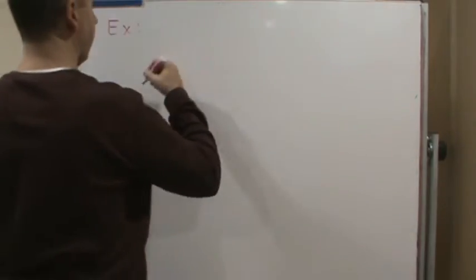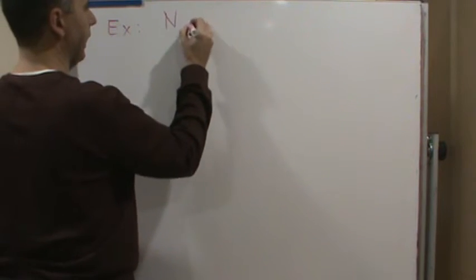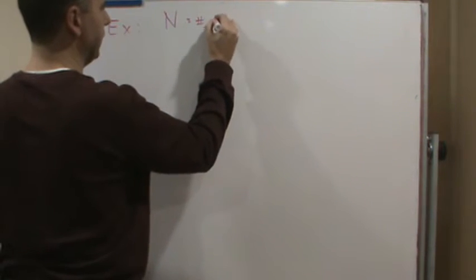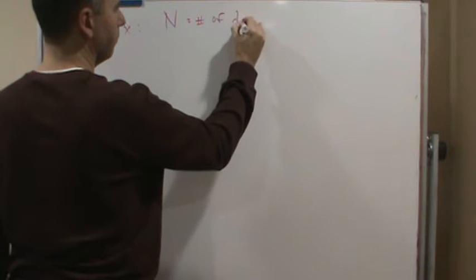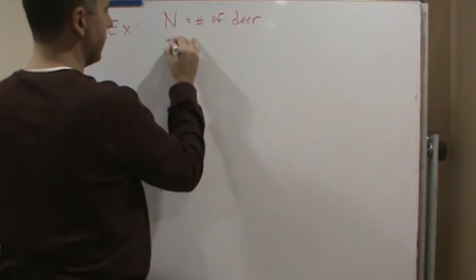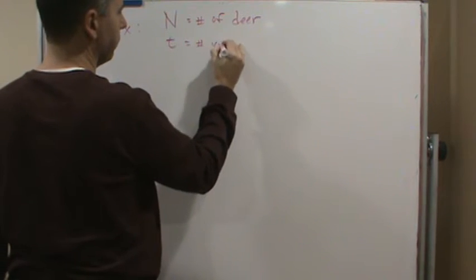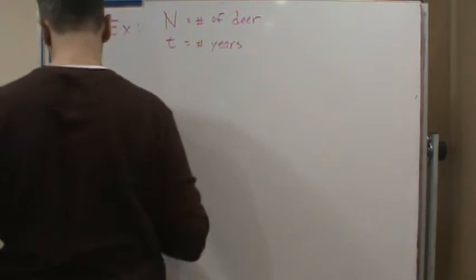Okay, so now, obviously our independent variable is going to be t, time. And so let's say N equals the population of deer. t is the number of years. That's going to be our independent variable.